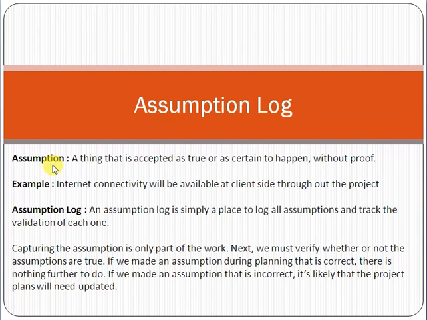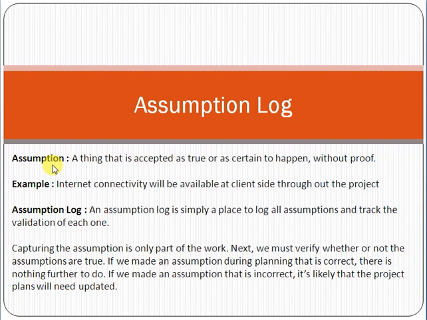Let me give you an example of an assumption. For example, you are doing an IT project in a bank and you have to send a team on site. So you are assuming that the internet connectivity would be available in the bank for the vendor team, and on the basis of that you do the planning. This is the assumption, that internet connectivity would be available.